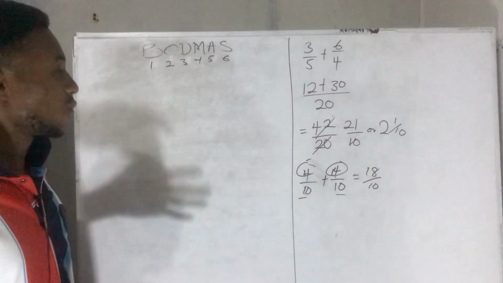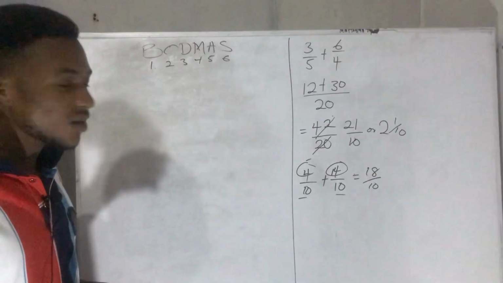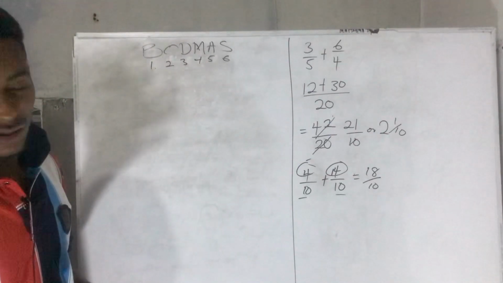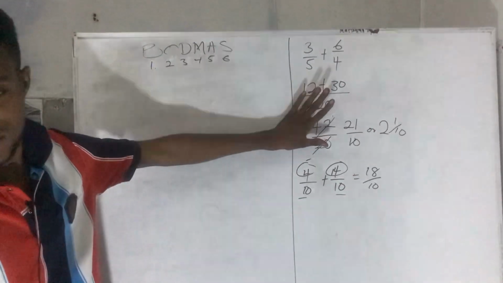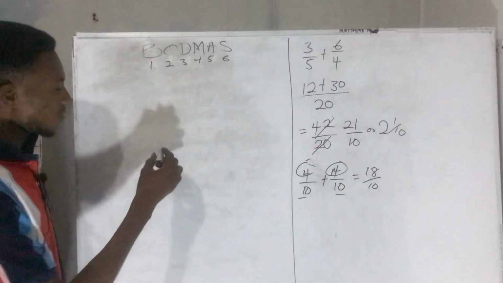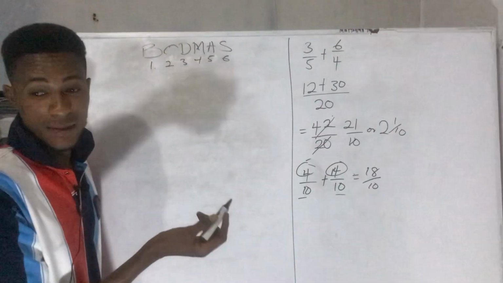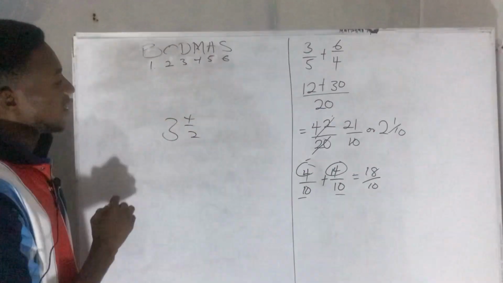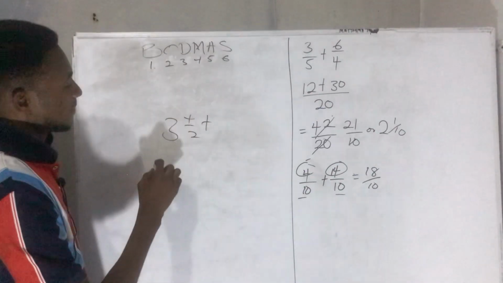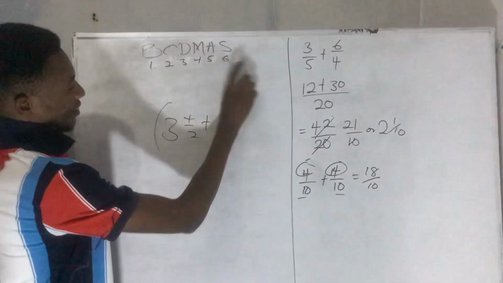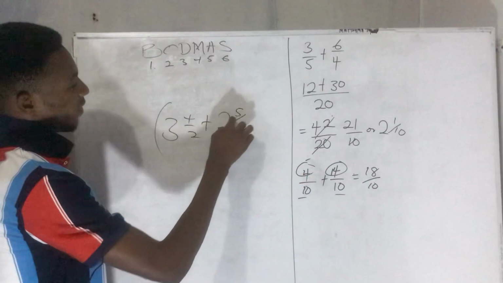So we'll be taking some few questions, then we see how to handle them. I hope you understand. So this one, always find LCM. Now, at times you realize that they will give the question to you in mixed fractions. Let's say 3 whole number 4/2, plus maybe 2 whole number 5/3.